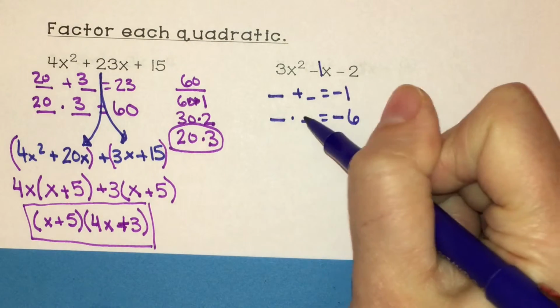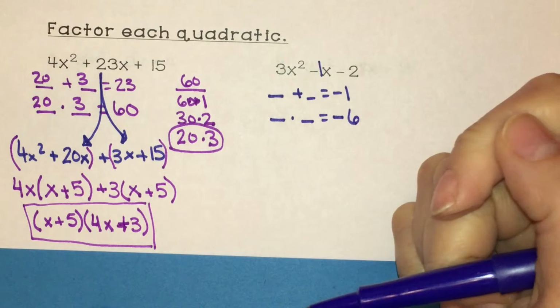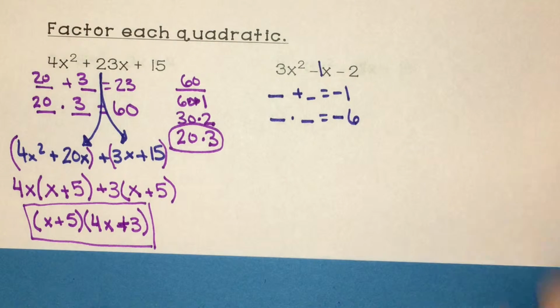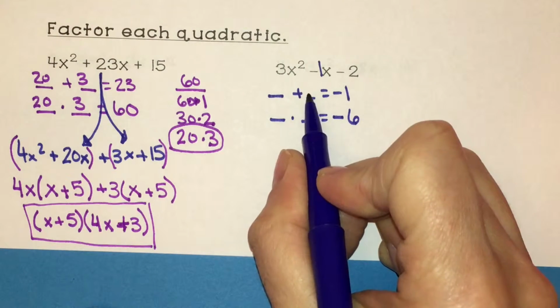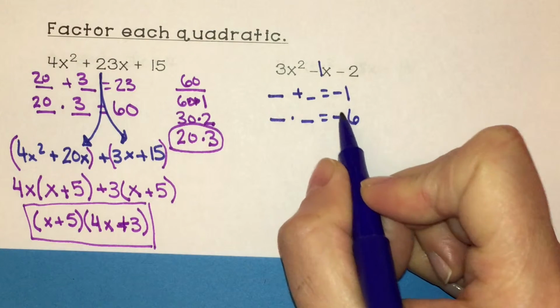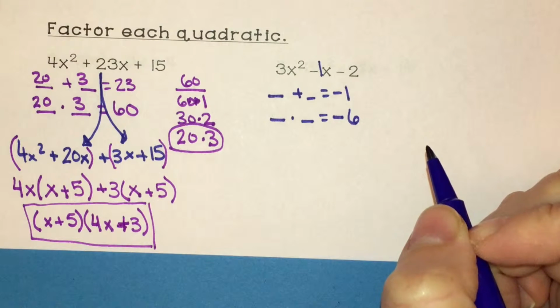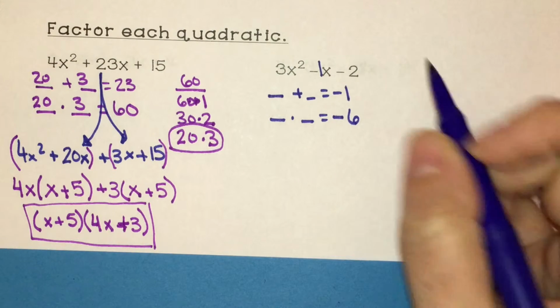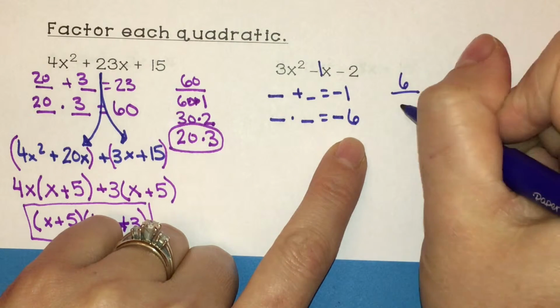Because I'm multiplying two numbers together and getting a negative, I know one's positive and one's negative. And when I add those numbers together, if one's positive and one's negative and I get a negative value, I know the negative integer has to be my larger one. So the positive one's smaller. So I look at the factors of 6.